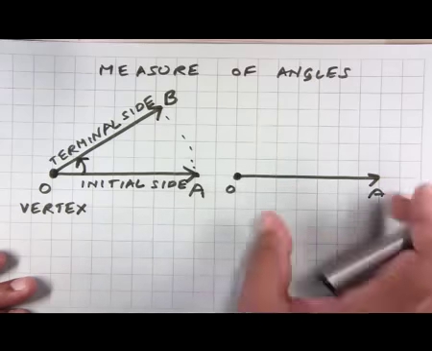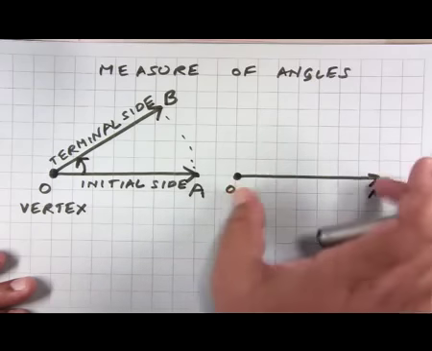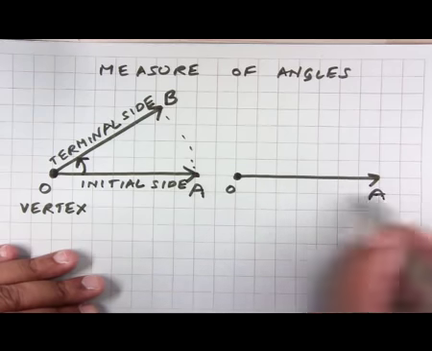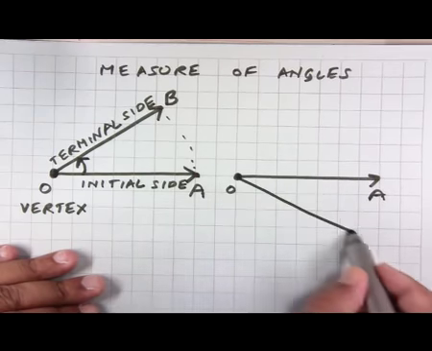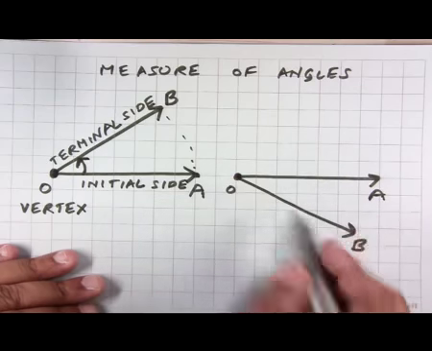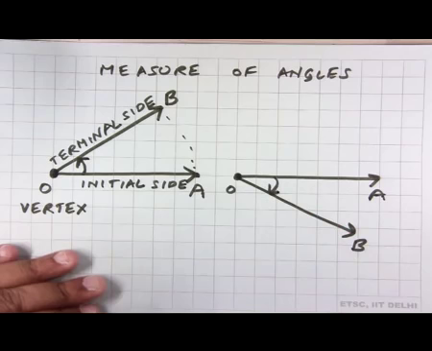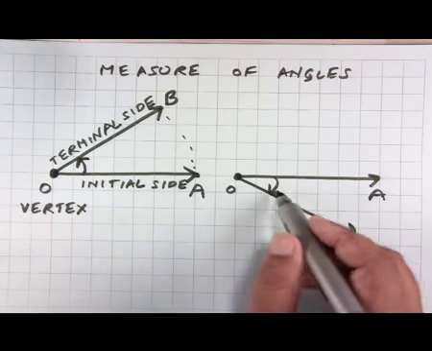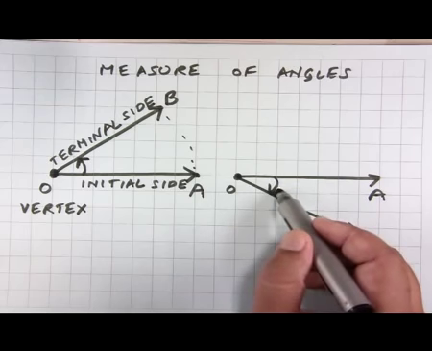Now, instead of rotating this OA anti-clockwise, if we rotate it clockwise, so let us say we go from here to here. So, this is the initial side, this is the terminal side. We are rotating it now clockwise. So, in that case the convention usually is that this angle will be negative.